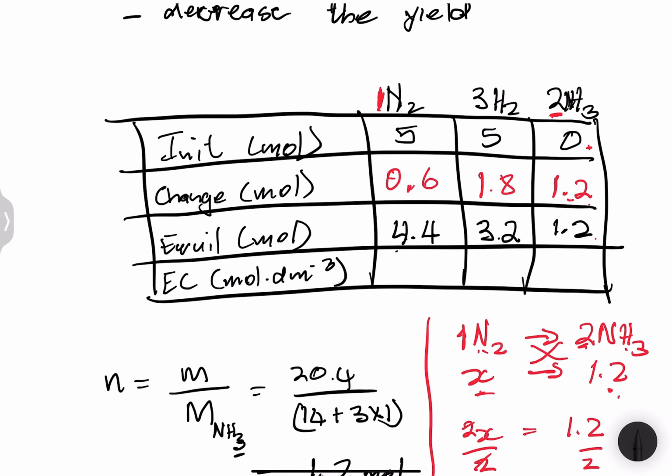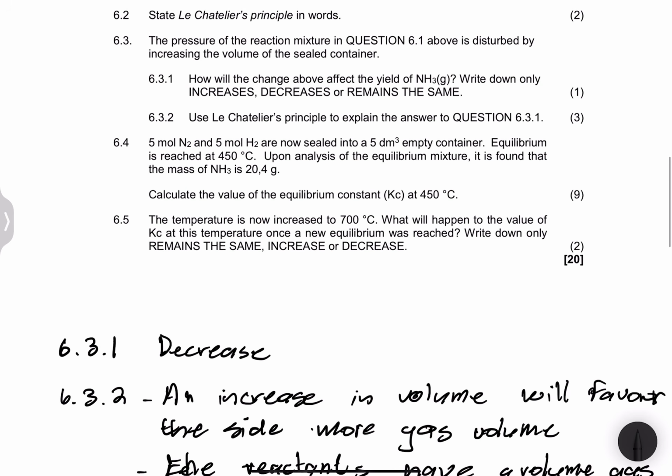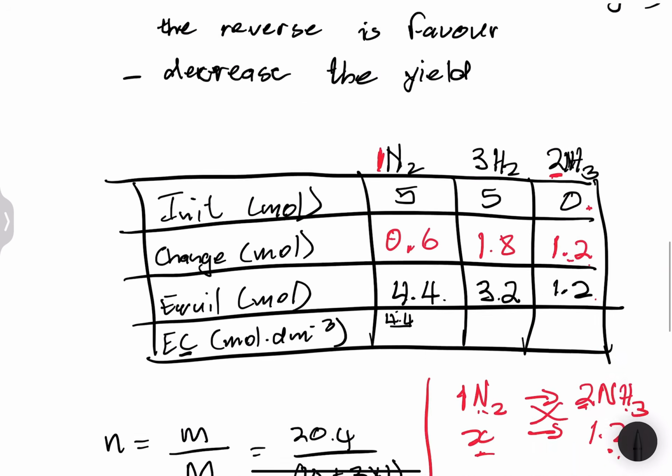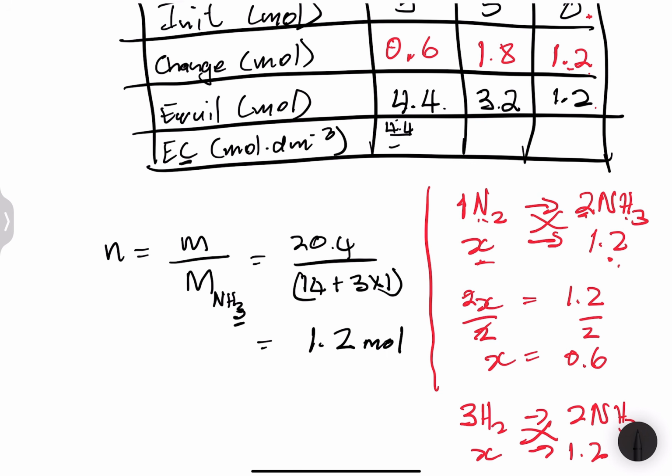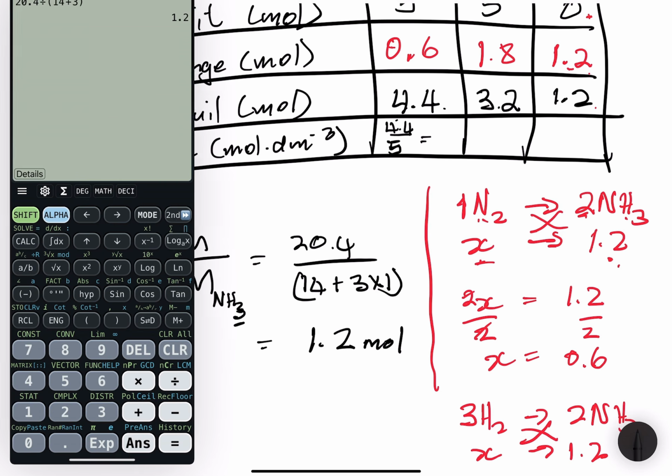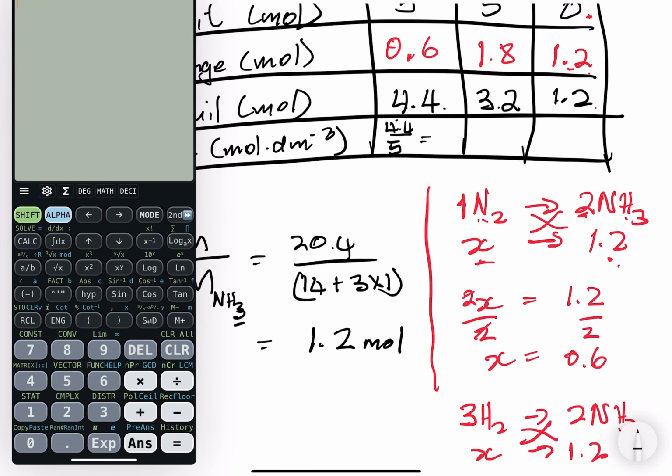Now we want the equilibrium concentration. We know that concentration is number of moles over volume. So you'd say 4.4 divided by the volume, which was given as 5 cubic decimeters. So we're going to divide that by 5. By the way, concentration only applies to gases and aqueous solutions.